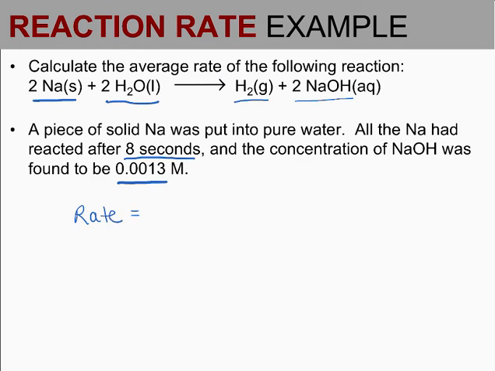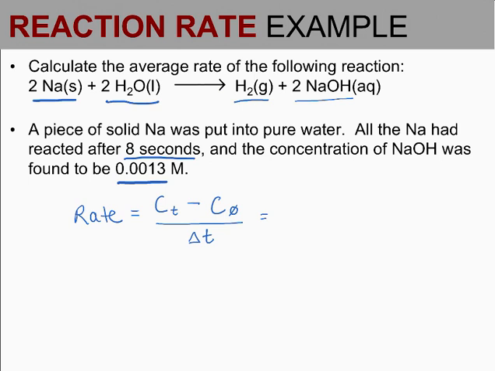So remember, we're going to take the final concentration, which was labeled C_t, and subtract the initial concentration, which is 0. And then we're going to divide that by the change in time. So we can assume that the initial concentration of the product was 0 because we didn't have any initially.